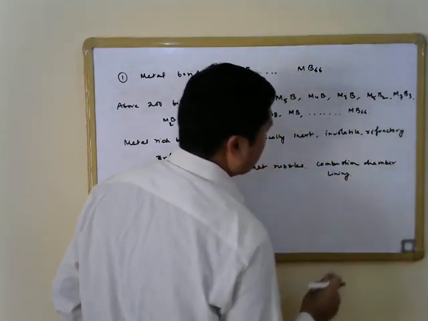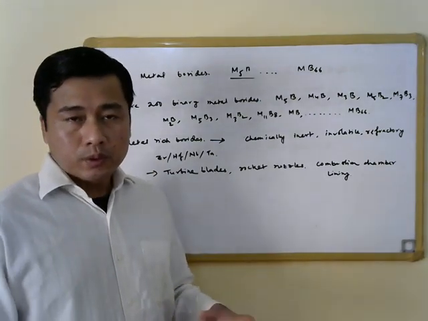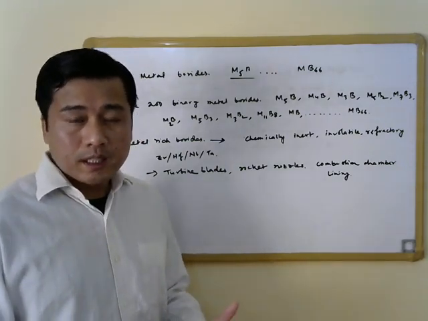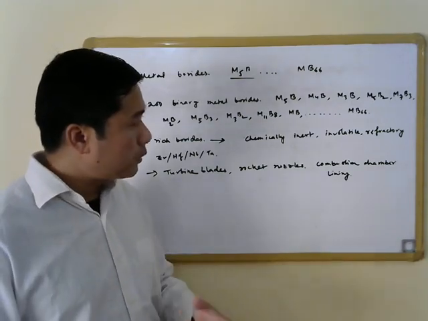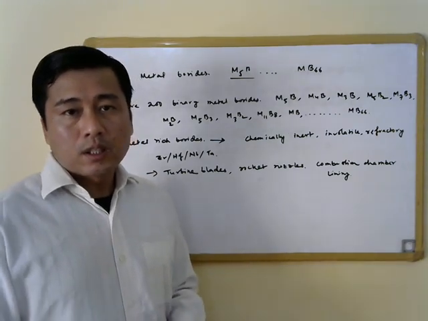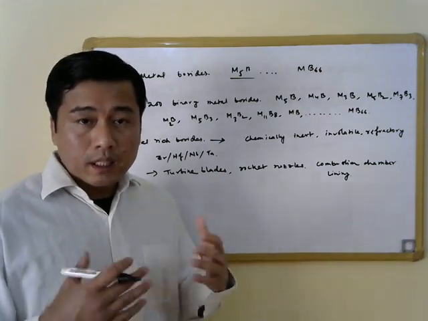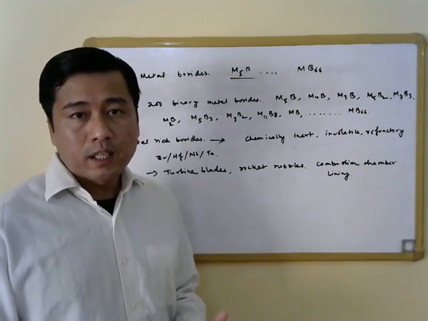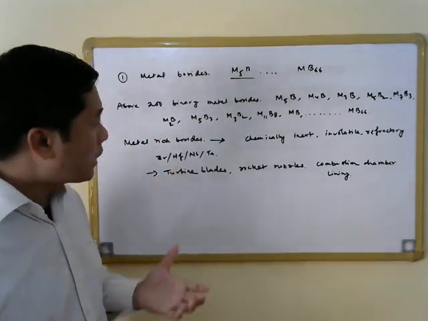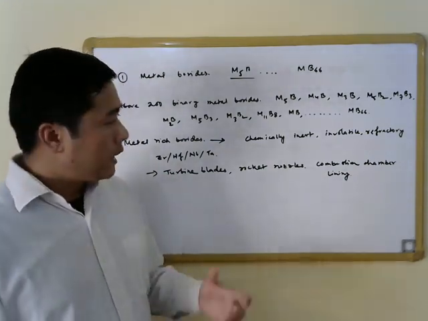In a combustion chamber the temperatures are generally very high, and the internal lining must be resistant to heat as well as chemically inert, because in a combustion chamber we ignite or carry out reactions with other chemical compounds. That is why the inner lining must be chemically inert as well as heat resistant. So metal rich borides can be used for making combustion chamber lining as well.